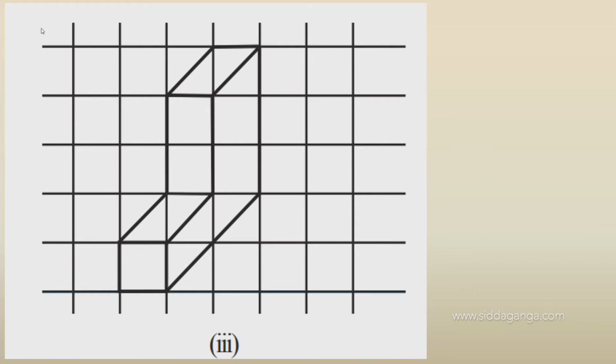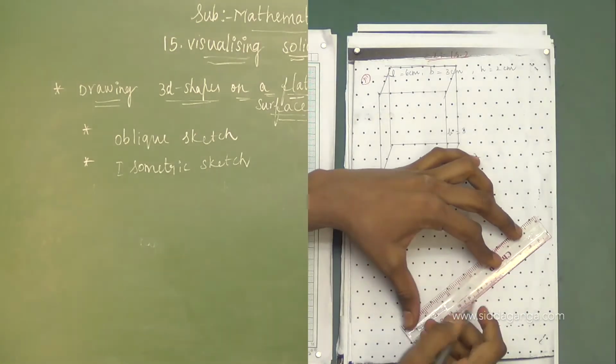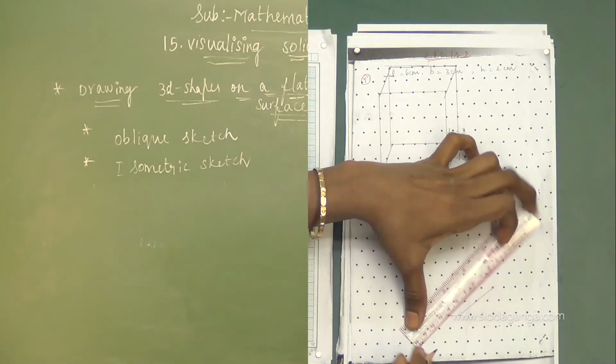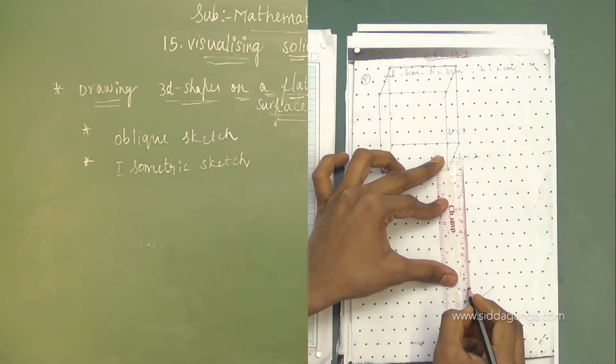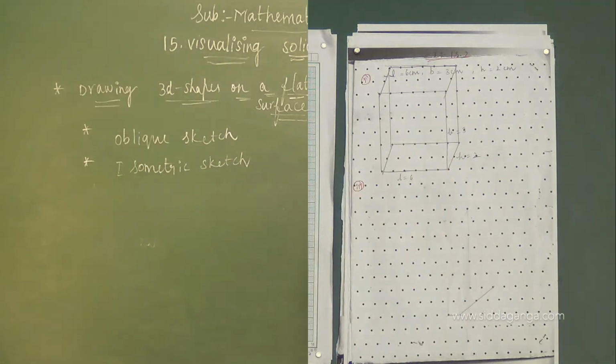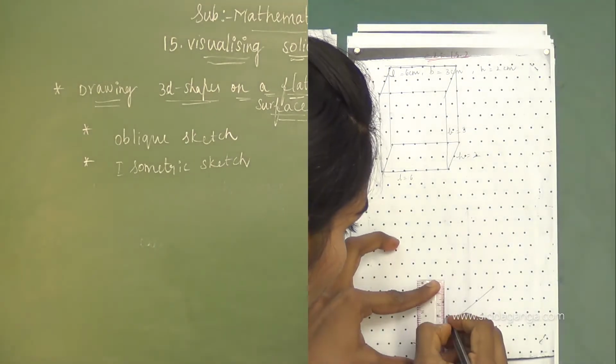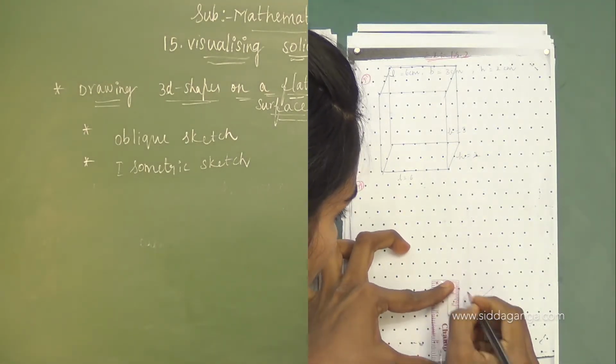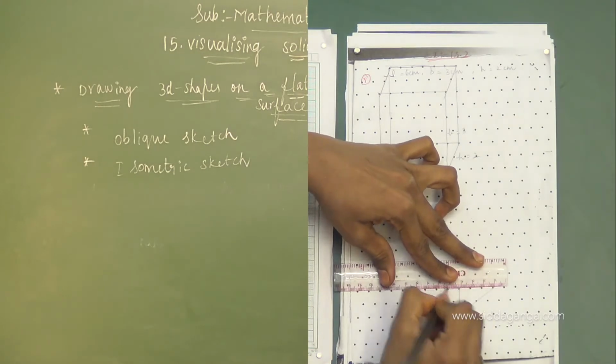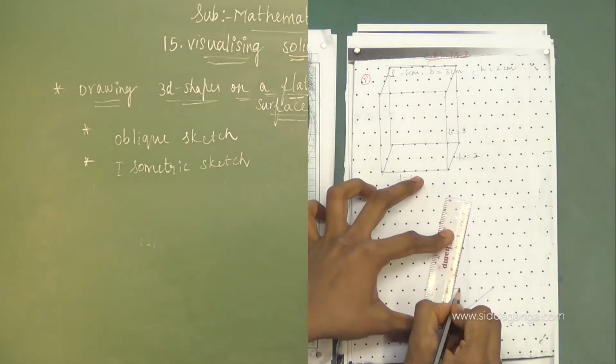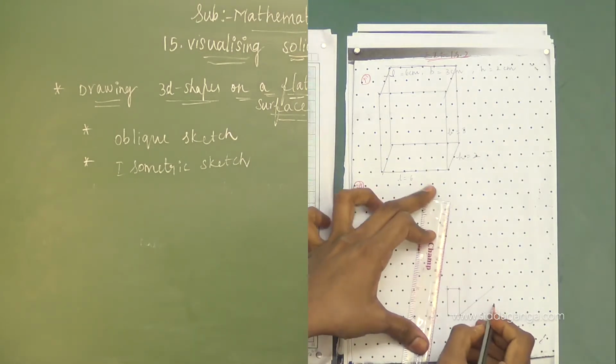Base 1, correct? And then height as 2 units, correct? And then here one box we have to do first. Whatever there in the oblique sketch, that we have to write in this sketch.